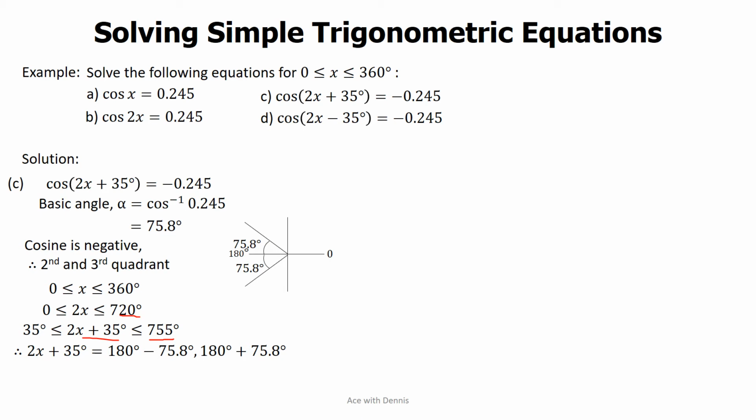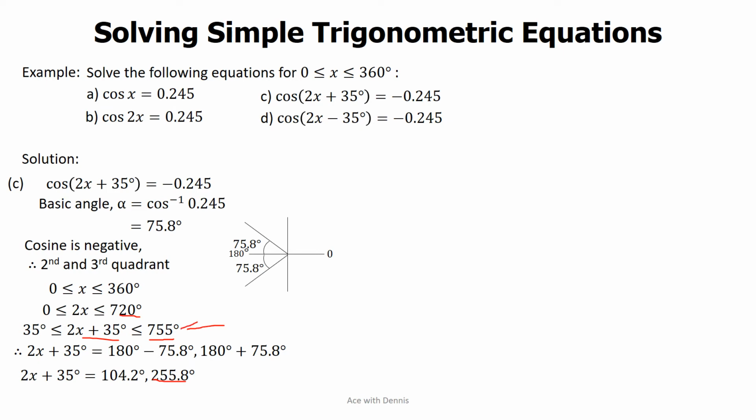The second and the third quadrant, right? 2x plus 35 degrees equals 180 degrees minus 75.8 degrees, and 180 degrees plus 75.8 degrees. Okay, then the answer is 104.2 degrees and 255.8 degrees. So we check the range, right? Always keep checking the range.